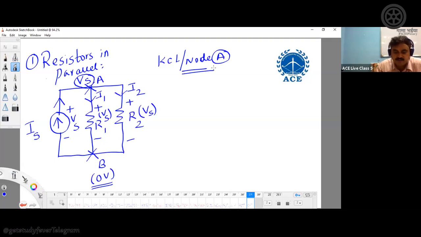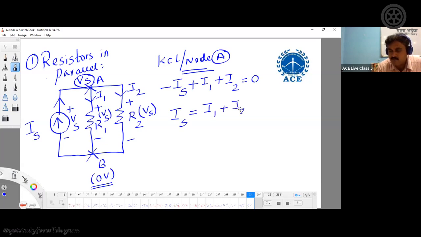So what are the values here? Current is coming towards the node, so it is minus Is. Current is going away from the node, plus I1. Again, current is going away from the node, plus I2, equal to 0. That's all. So you have Is equal to I1 plus I2. So Is is equal to, what is I1?